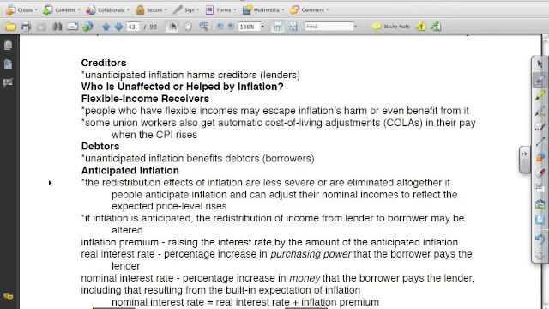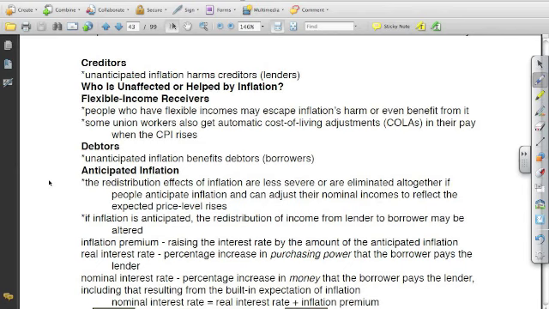For creditors, unanticipated inflation harms them. Creditors is another word for lenders, someone that lends someone money. Talk about who is unaffected or helped by inflation. Flexible income receivers. So for anyone whose income is tied to the level of inflation, they should be unaffected.